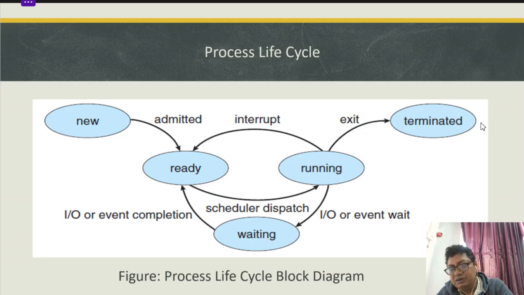From running to terminated means the death of the process or end of the process or exit of the process. Now the two important words I have not described here. One is interrupt, another is dispatch. In CPU scheduling, there are many algorithms like first come first serve, shortest job first, shortest remaining time first, round robin.